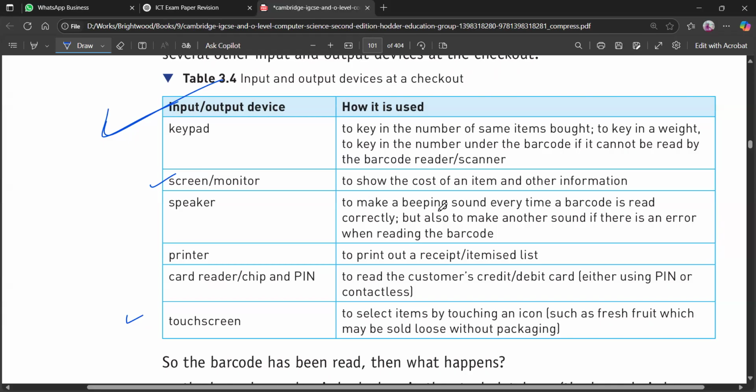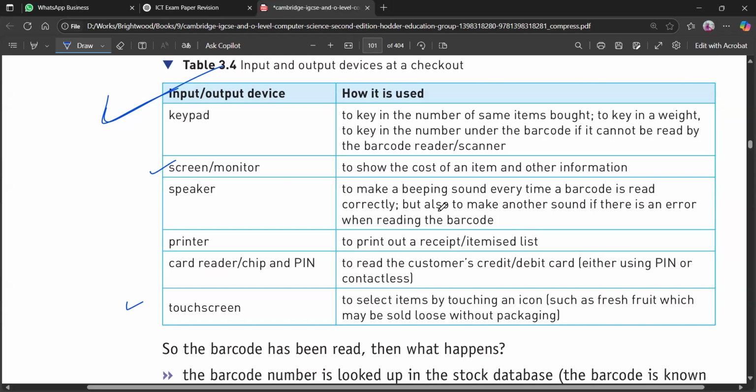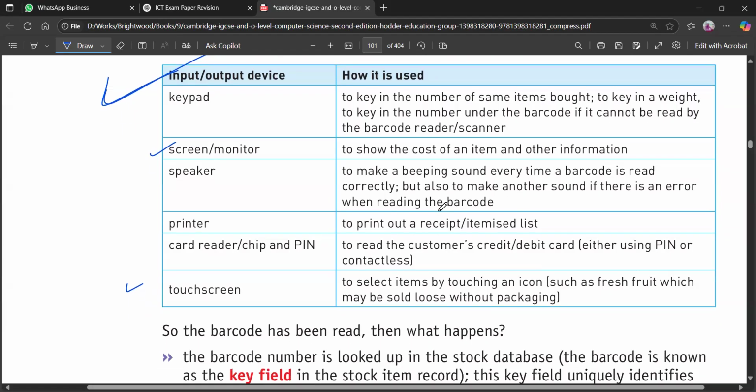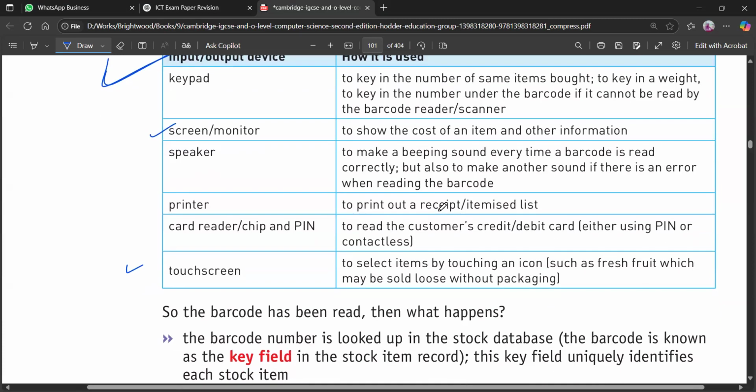The speaker makes a beeping sound every time a barcode is read correctly, but also makes another sound if there is an error when reading the barcode.